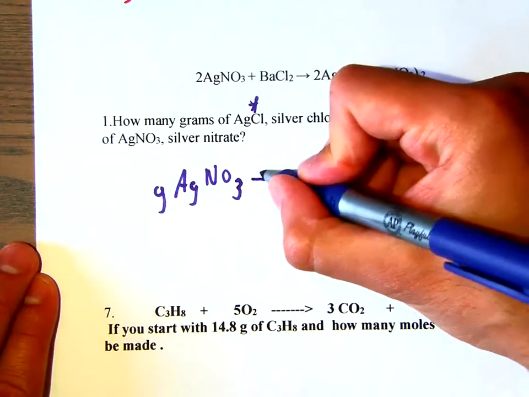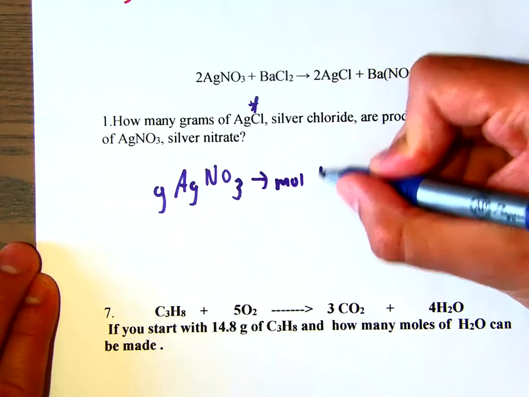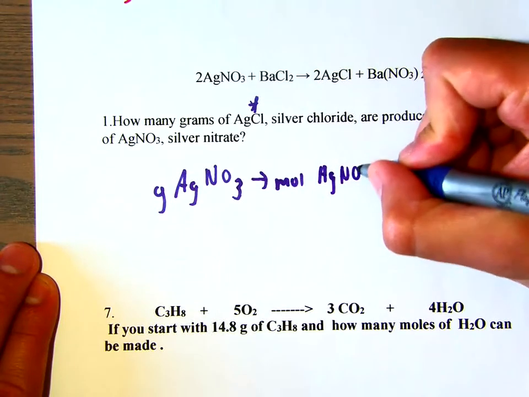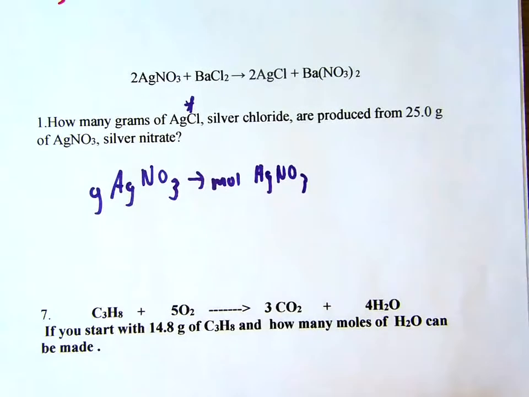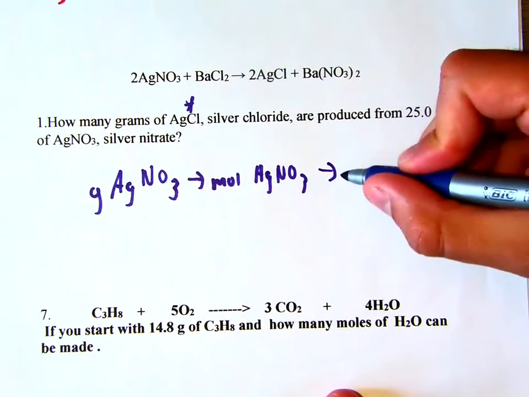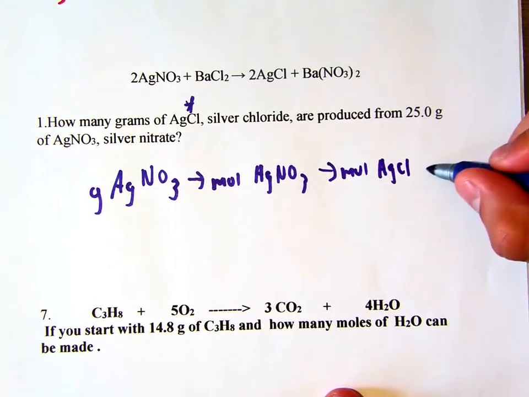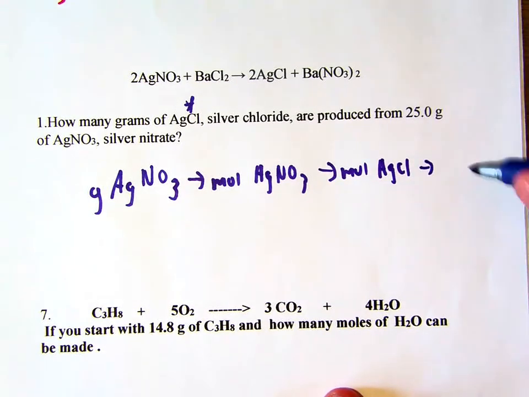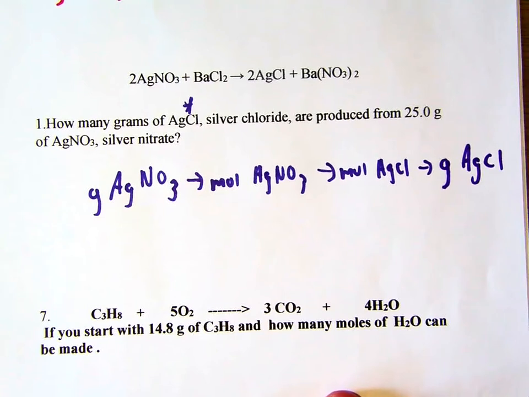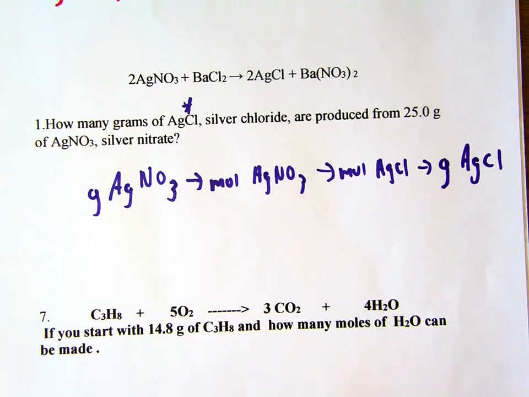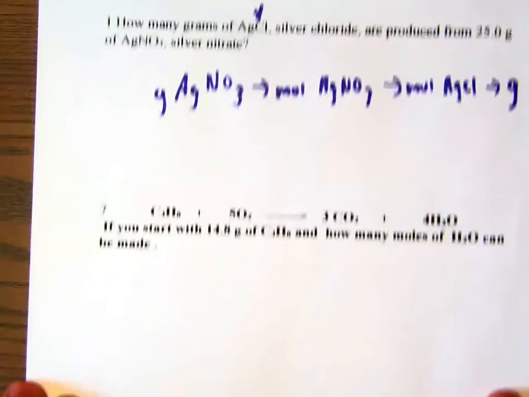So from here, we would go to moles of AgNO3. Then we can go to moles of what we want, which is AgCl. Then finally, we can turn those moles into grams of AgCl.